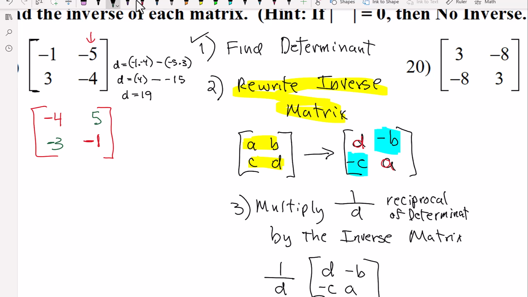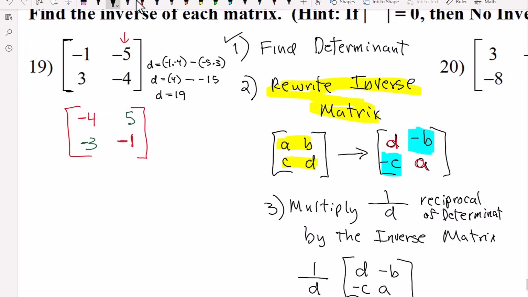And then we're going to multiply the inverse matrix by the reciprocal of the determinant. So the determinant was 19. So 1 over 19, so 1 over D. And then the determinant is just the scalar.